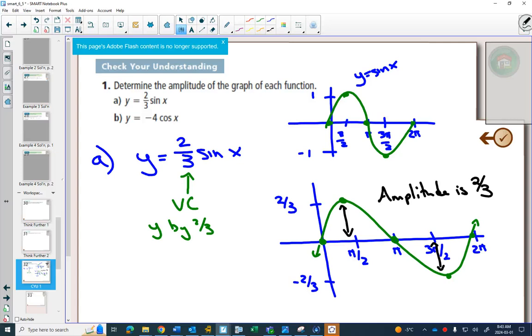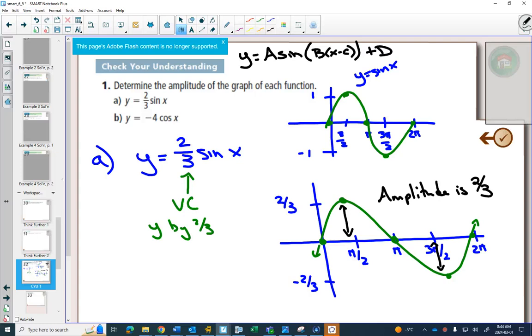So when I wrote this out before, and this is for sine or cosine, whatever is your vertical stretch, whatever is your a value, is going to affect your amplitude.